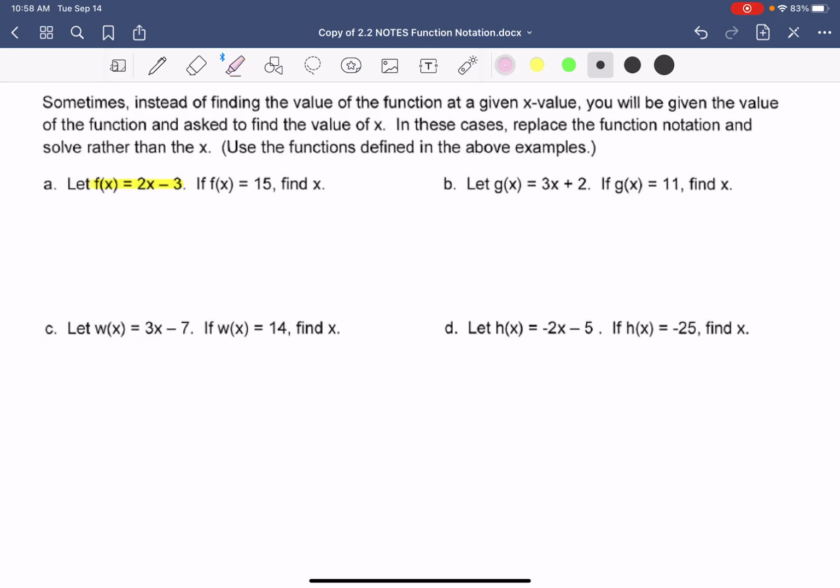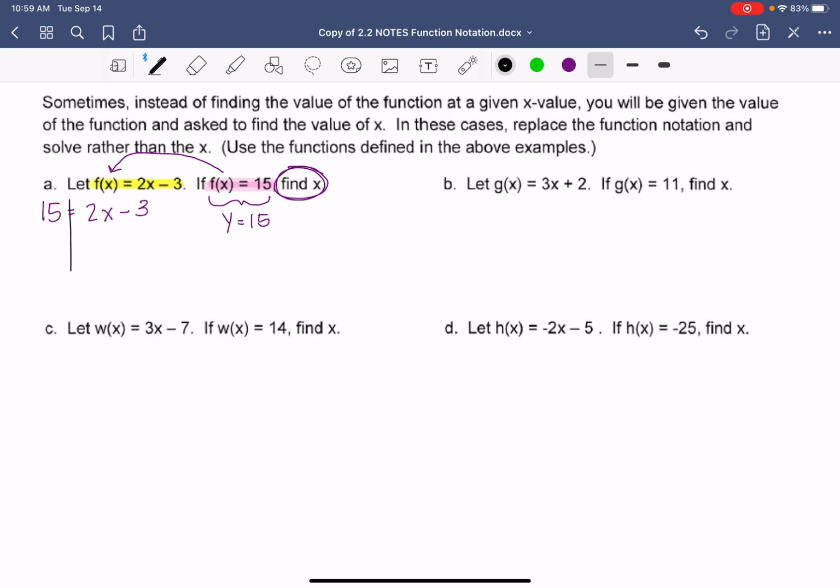Been there, done that. But now it says if f of x equals 15. So this means right here, y equals 15. I have to plug in 15 for wherever there's an f of x. So this means 15 equals 2x minus 3. And now I'm solving for x. So this means get x by itself.